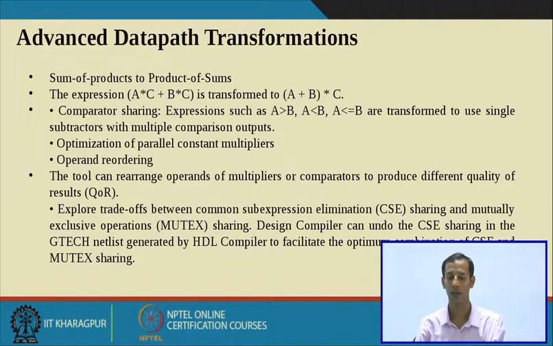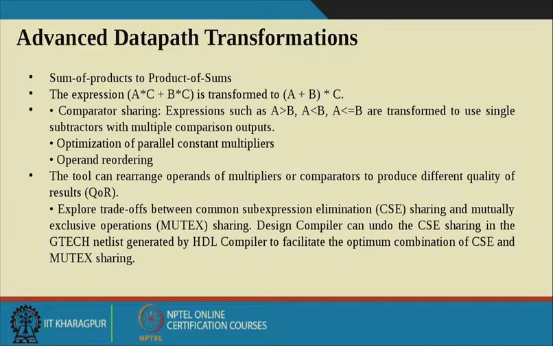Then comparator sharing. If there are multiple comparisons happening, we can optimize this using parallel constant multiplier or operand reordering. We can achieve this sharing of the comparator, and we can achieve an optimized version of the data paths.